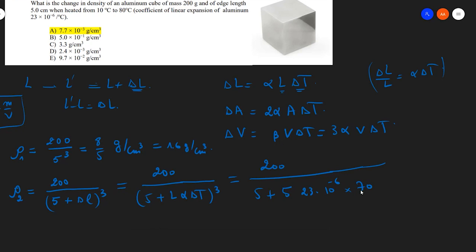It doesn't matter because it's a difference. Okay, so this should be correct.